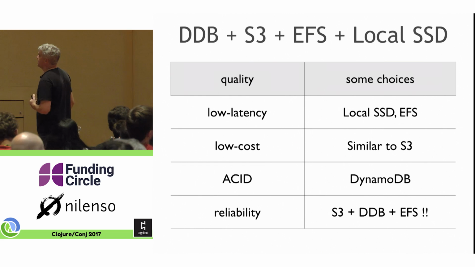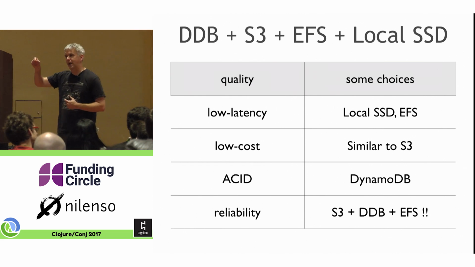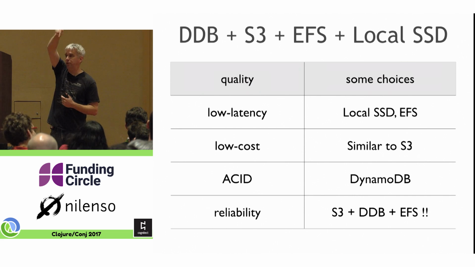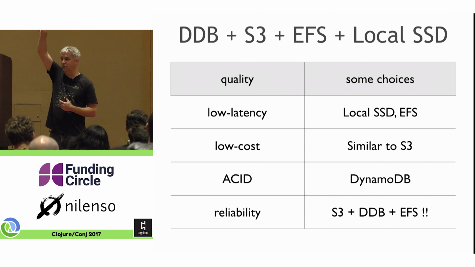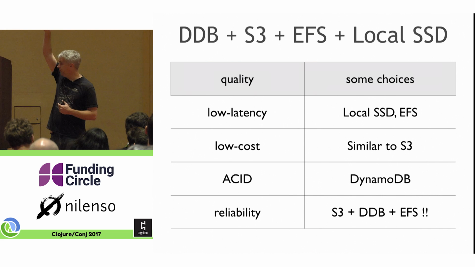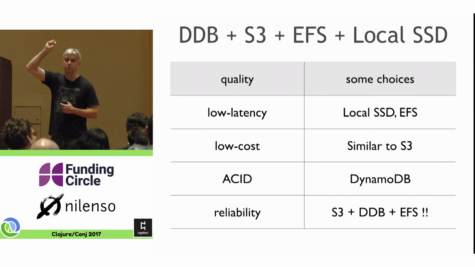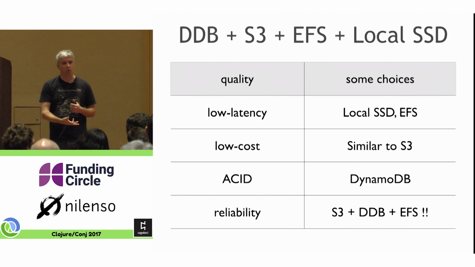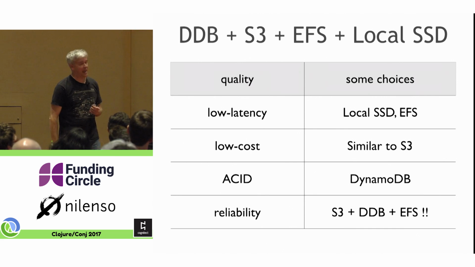You still want the ACID semantics, so every time you need to advance a transaction pointer, you're going to touch DynamoDB. But that touch of DynamoDB now is only a pointer move. It's not the trees, it's just the pointers. What this means is that the actual load that's put on Dynamo is going to go down by an order of magnitude compared to targeting Dynamo the way Datomic targets Dynamo today.